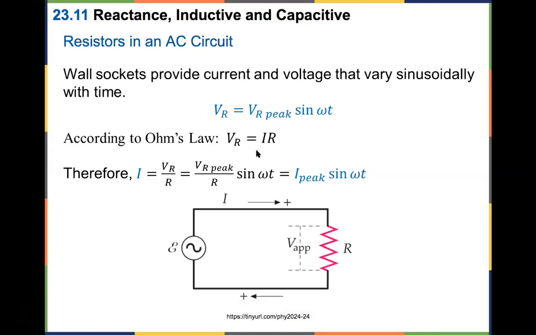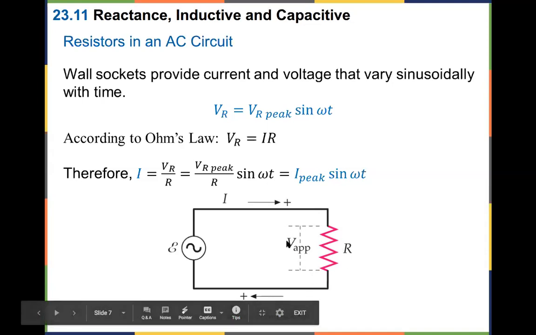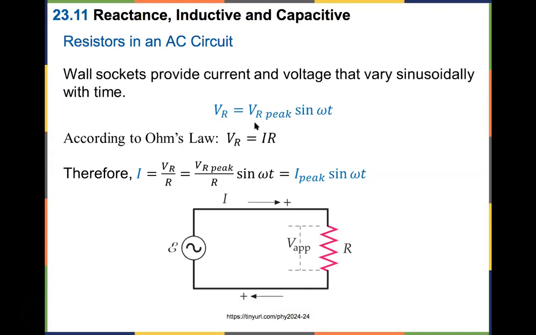According to Ohm's law, V_R, the voltage supplied to the resistor, is equal to the power source, and equal to the current going through the resistor times its resistance, I times R. If V is a sine function, then I is also a sine function, simply V_R over R. The peak value of the voltage divided by the resistance gives you the current peak value times the sine function.